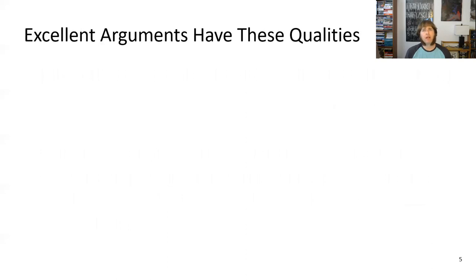Okay, the qualities of excellent arguments. Consider this sort of a series of tips on how to produce excellent arguments yourself, as well as a series of criteria you can use when trying to evaluate the arguments of others. Now, I'm sure I could keep adding to this list.